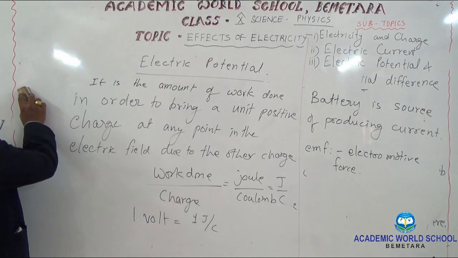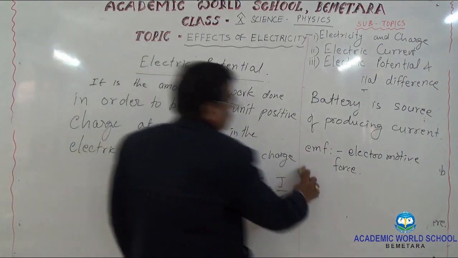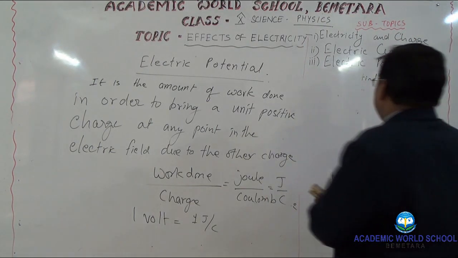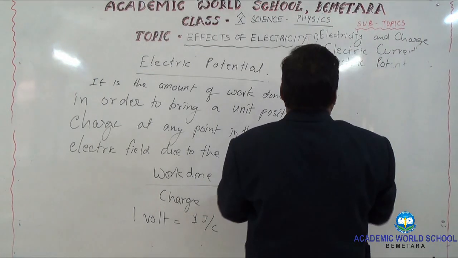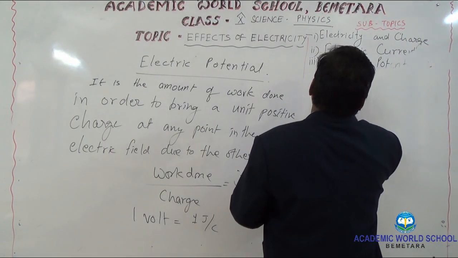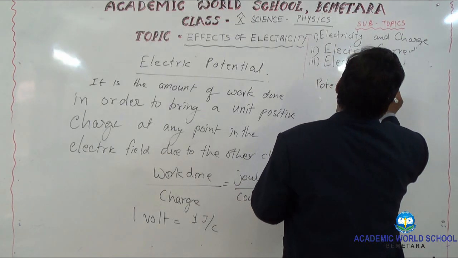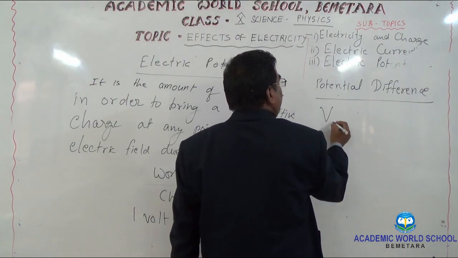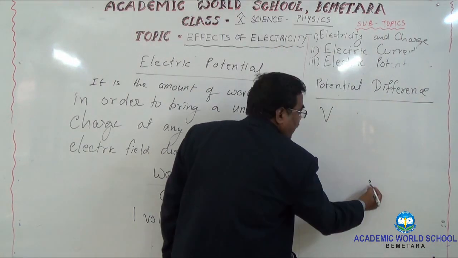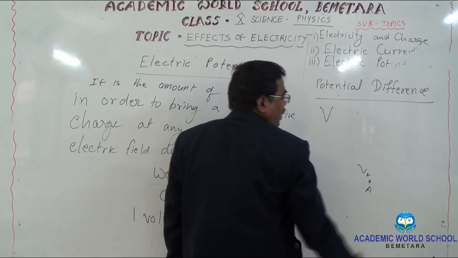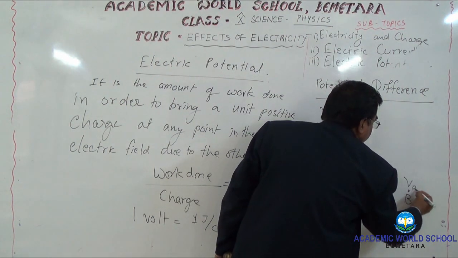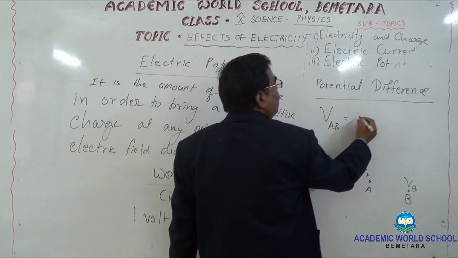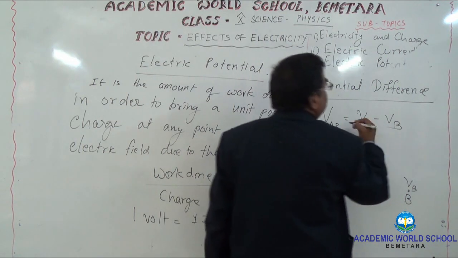Potential difference. If the potential at point A is VA and the potential at point B is VB, then the potential difference between the 2 points A and B will be given by VA minus VB.